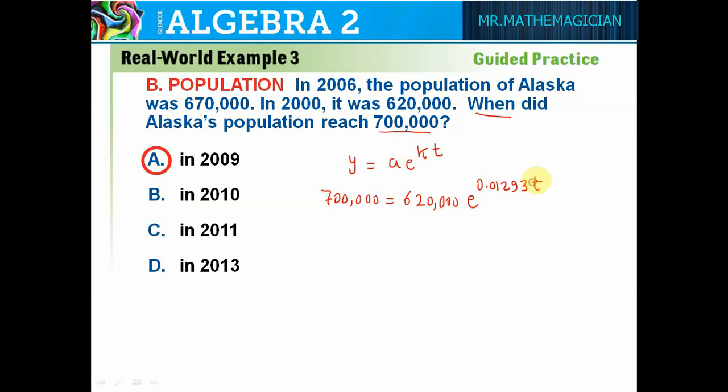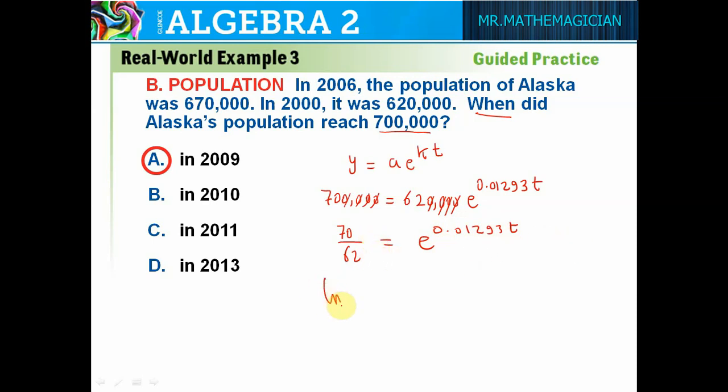t. So now we can cancel 4 zeros with 4 zeros, as if we are dividing by 10,000, and then divide by 62 for both sides. So you have 70 over 62 equals e to the 0.01293 t, so that you can take ln for both sides.